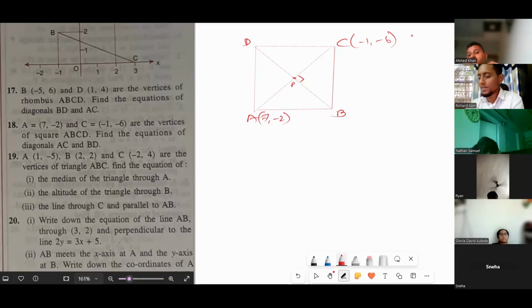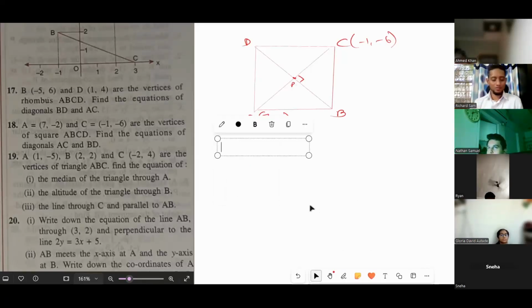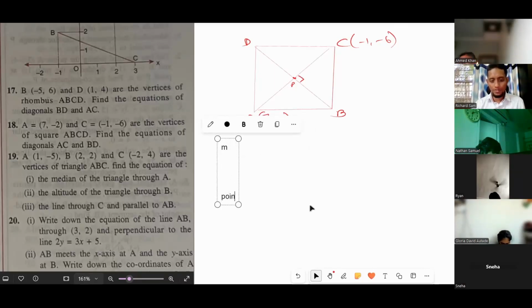So now for BD, what all do we have? We have a point and the slope. So if we can find the slope and a point, using the point slope formula we can find the equation. It's a lot of thinking. You saw, it's not just like put the formula and find. So what are the steps here? First, how do you find M and how do you find the point? For the line BD, how do we find M?